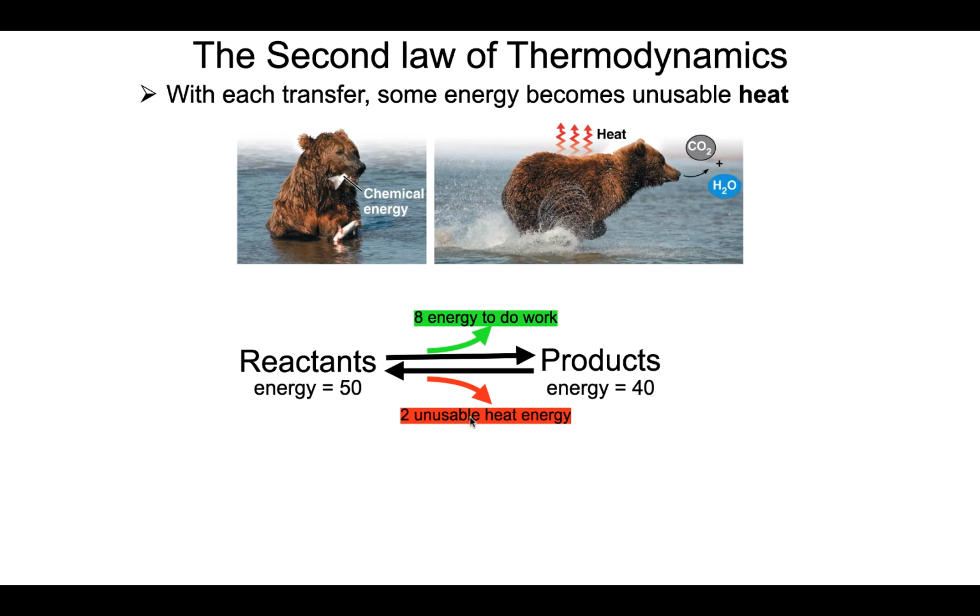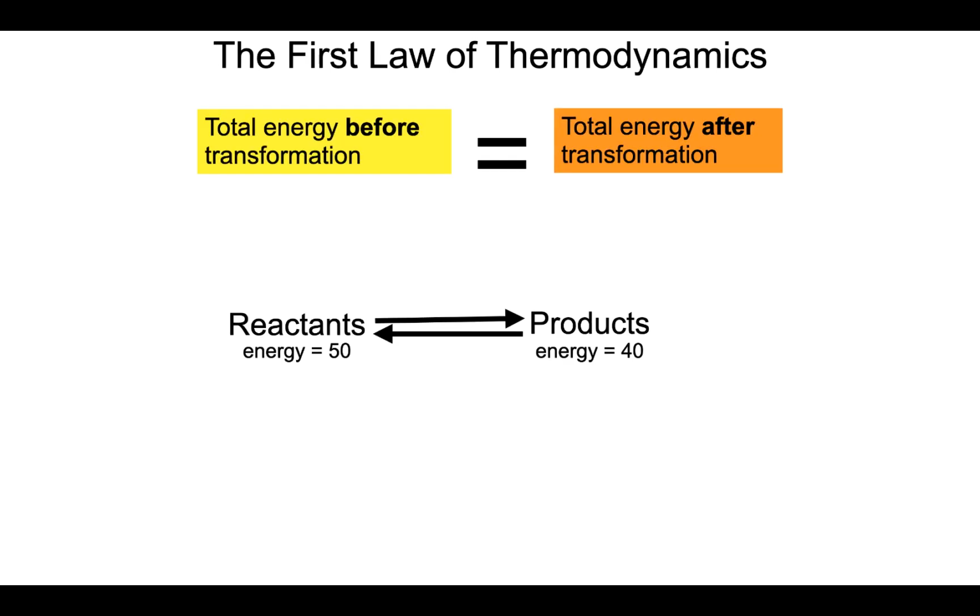Well, it turns out that a couple units of energy are released as heat, and they're gone. We can't use them for anything. So the only usable energy we get out of that, in this particular case, is about 8 units of energy that can go on and do work. And notice, that's not enough to convert these products back into reactants. So the answer to this question here is no.